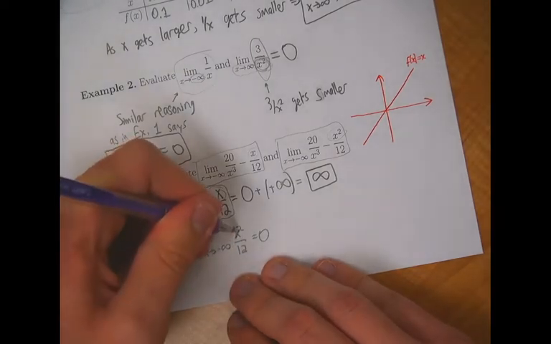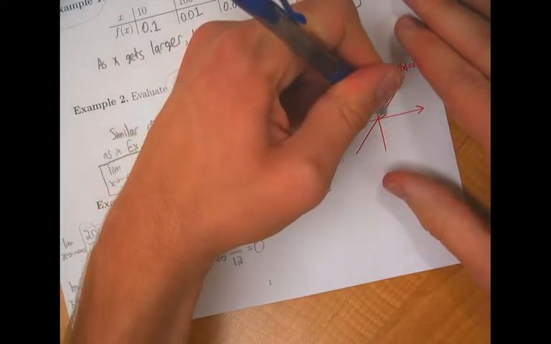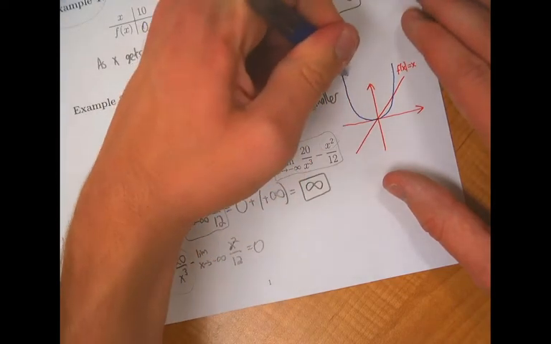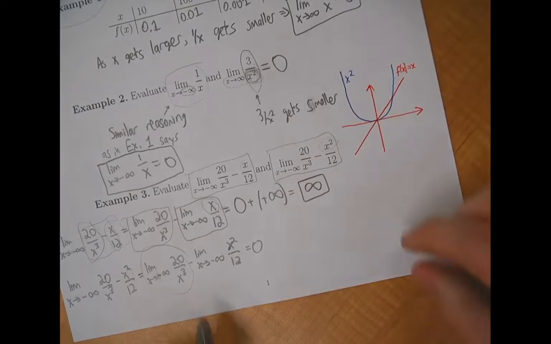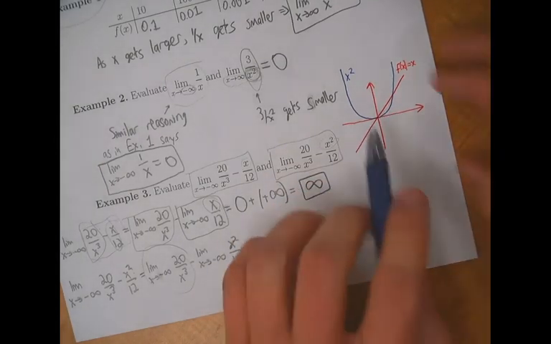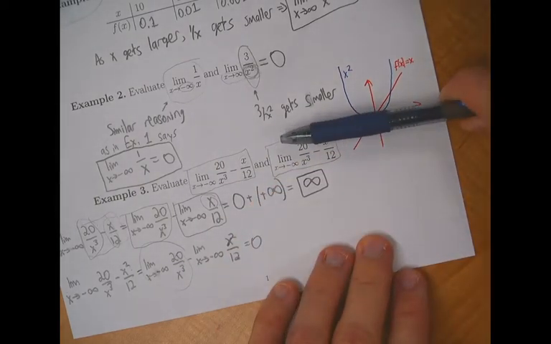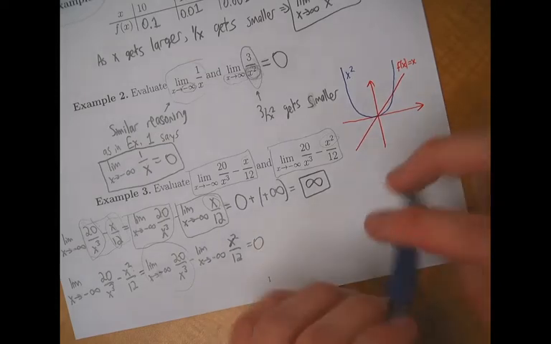One thing to note here is that if we take a look at the graph of x squared, so if this is x squared here, then what do we notice? If x becomes a really, really large negative number, so it just keeps going left on the x-axis forever and ever, then what happens with x squared?